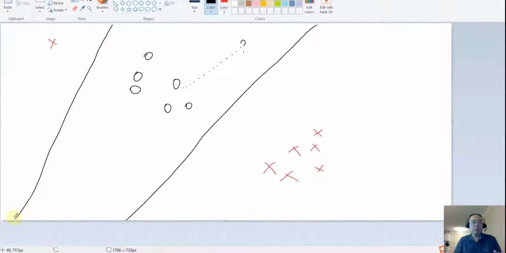Eventually all the samples on this side of the decision boundary will be considered as red samples, and all the samples on the left side of this decision boundary will be considered as red again. Does this really make sense to you or not? Well, we don't know because this is just a fake data set.